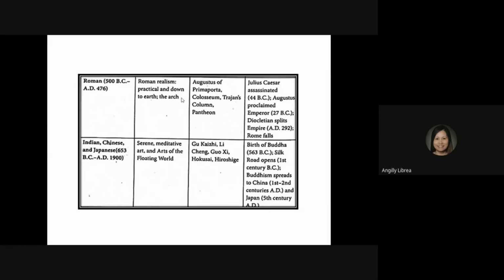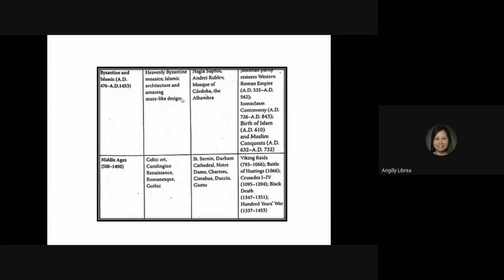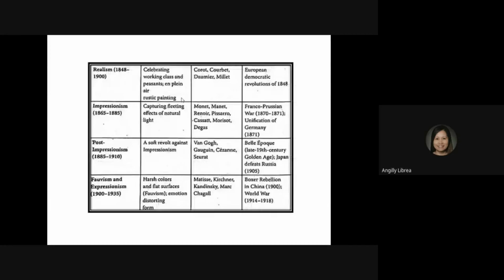You have the Egyptian period, Greek and Hellenistic period, Roman period, Indian, Chinese, and Japanese period, Byzantine and Islamic, Middle Ages, Early and High Renaissance, Venetian and Northern Renaissance, Mannerism, Baroque, Neoclassical, Romanticism, Realism, Impressionism, Post-Impressionism, Fauvism, and Expressionism.